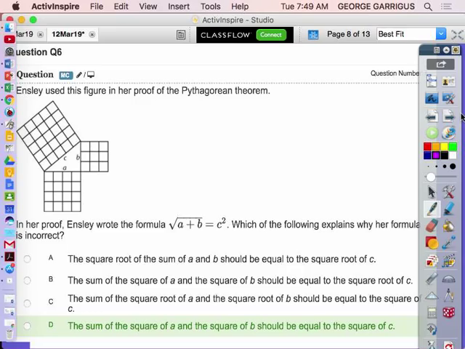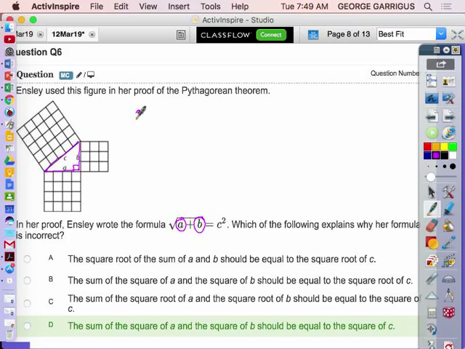Inslee used this figure in her proof of the Pythagorean theorem. We have A here, B, that's your right triangle, and C. In her proof, Inslee wrote the formula, the square root of A plus B equals C squared, which of the following explains why her formula is incorrect. Now let's look at what she has here. What is she missing here and here?